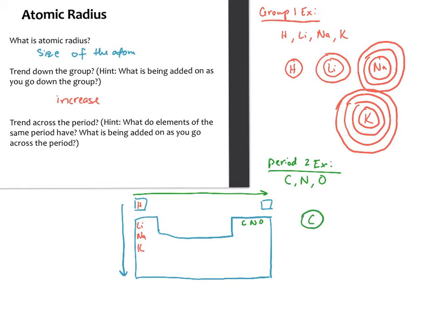So 1, 2. 1, 2. And O is 1, 2. I actually didn't draw this according to the trend, but let's start with the idea that they have 2 electron shells as our base. So this is their base size.